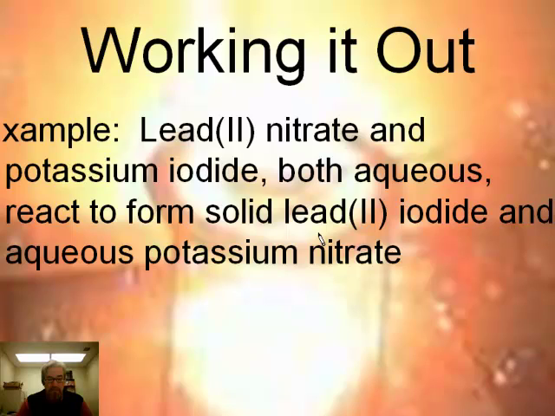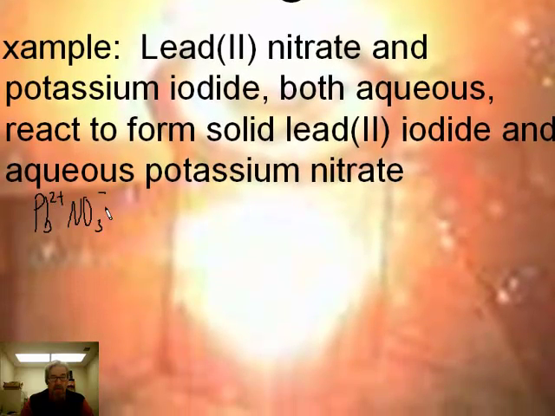Here's your answer. Lead(II) nitrate. We'd have to write a formula for that. Lead(II) means 2 plus. Nitrate, if you look it up on the polyatomic ion sheet, it's NO3 1 minus. So when I charge swap, here's the formula I get: Pb(NO3)2. And potassium iodide. So there's a plus sign.